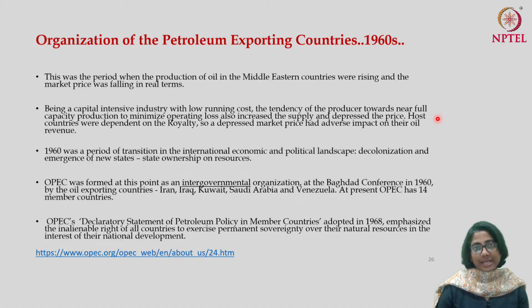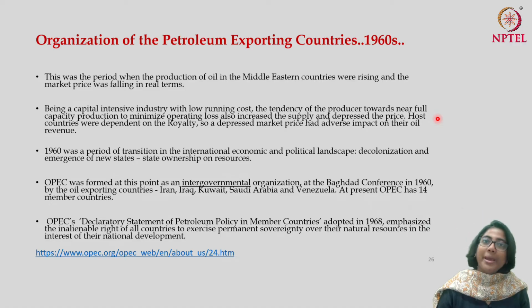Now, as I have said, there was a supply glut, the price was depressing, and everybody wanted to produce more. However, there was not much demand, and additionally, the newly formed nations came up with a strong idea of sovereignty, and they wanted to do away with the concession. And OPEC acted along similar lines at this point of time.